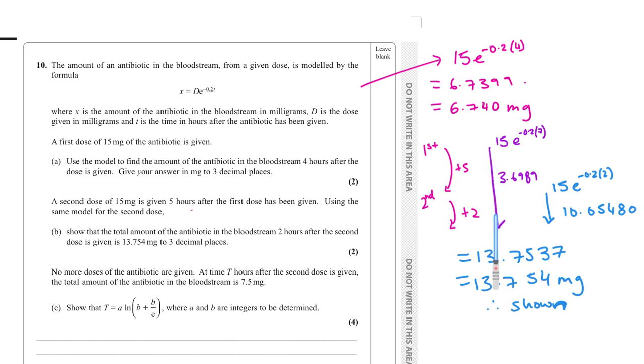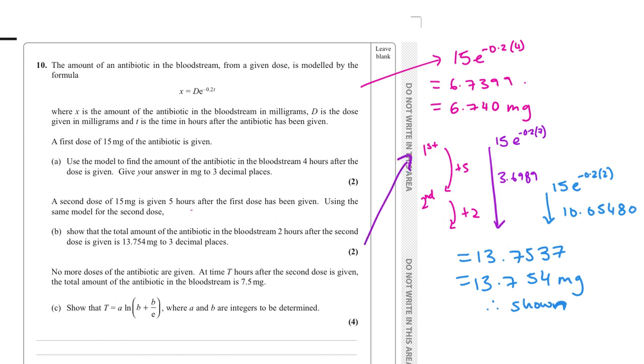So you will still have some of the antibiotic in the bloodstream after 7 hours, but then they top you back up. So it's really important. And for those of you studying to do medicine, this is a really good practical element of mathematics, which is fantastic. Okay, so that was that question.